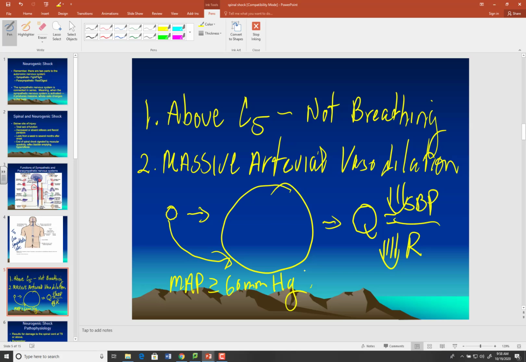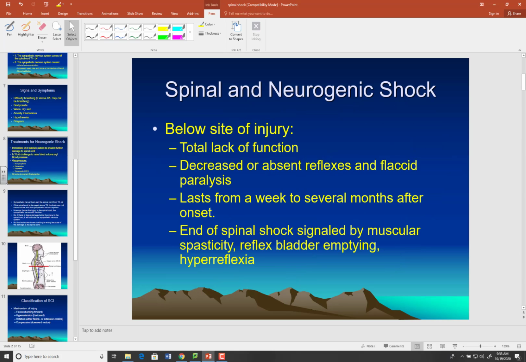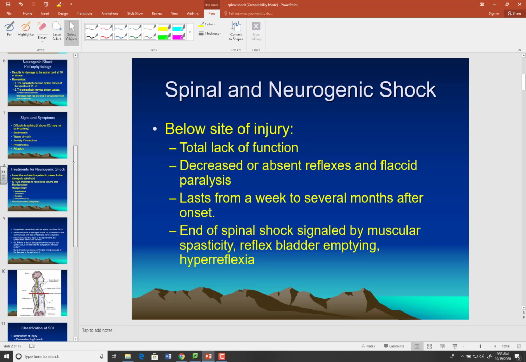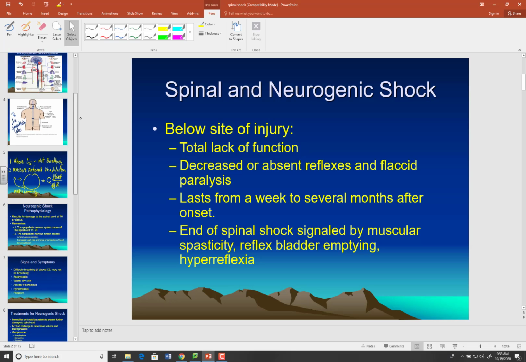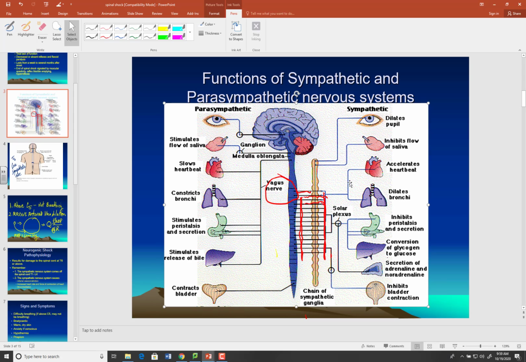Now, the other thing that can happen too, and that does, is, if your arteries dilate, then you would think, okay, maybe we can increase the heart rate to try to maintain blood flow. The problem with that is, if you damage your spinal cord, then you don't have any sympathetic innervation to your heart.